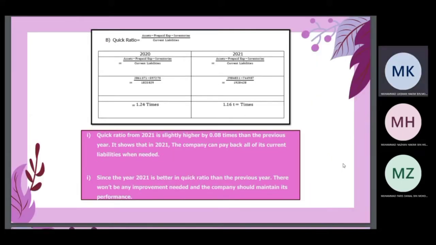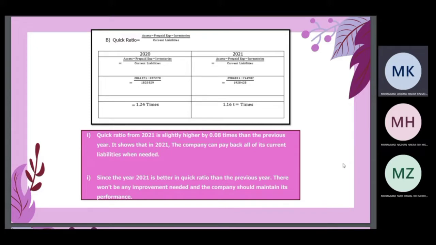For the second point, we use the quick ratio, which is the formula: current asset minus prepaid expenses minus inventory, divided by current liability. For 2020, we get 1.24 times. For 2021, we get 1.16 times.